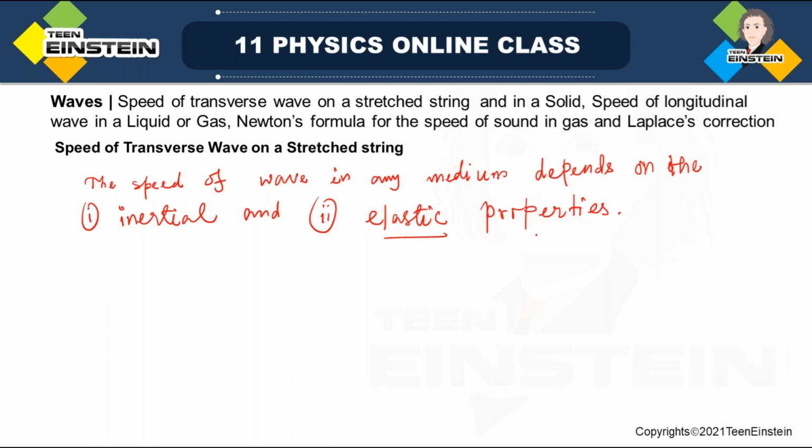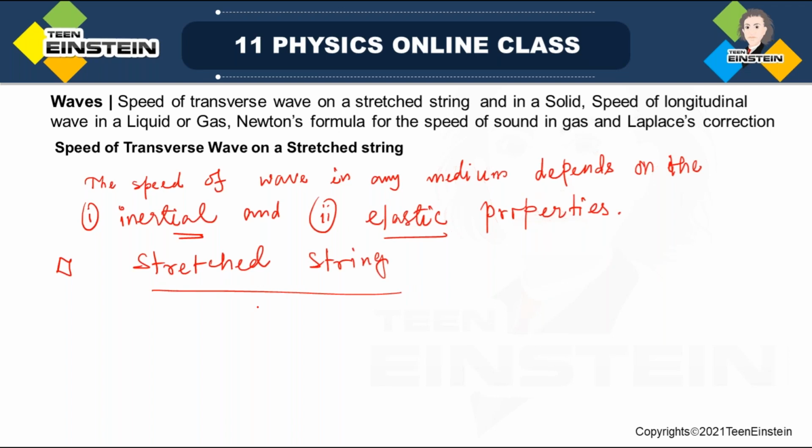So when you talk about a straight string, now let us take a straight string. We need to see what are the variables or quantities which are related to inertia and elastic property for a straight string.